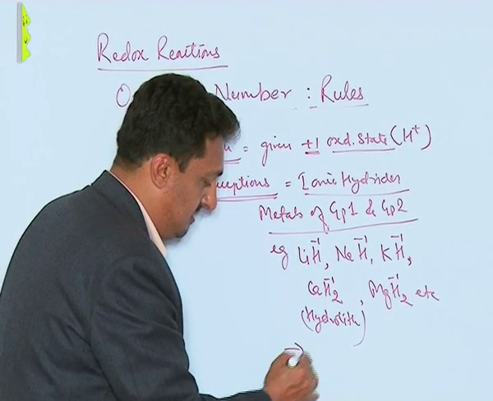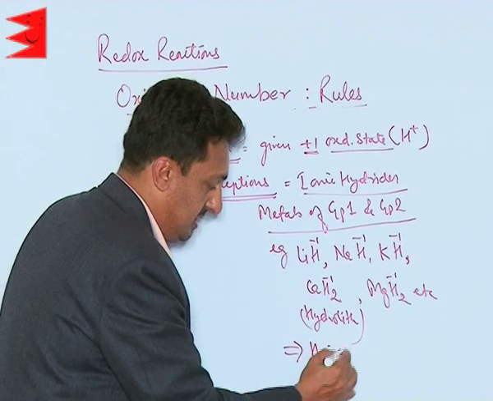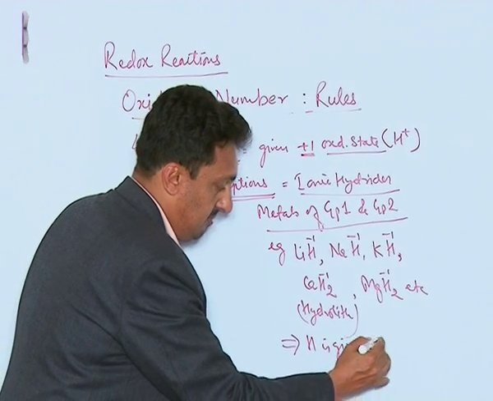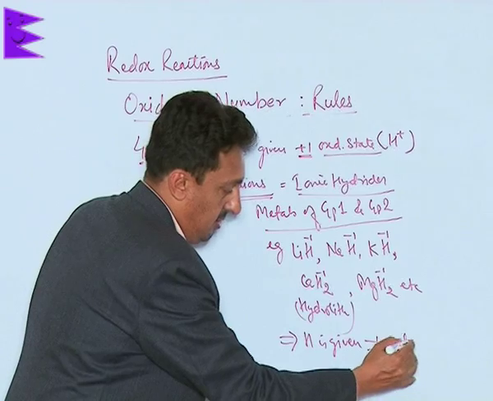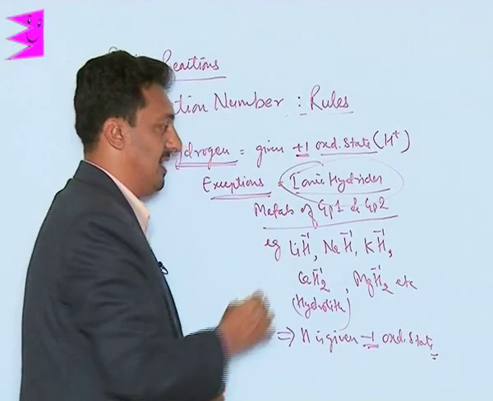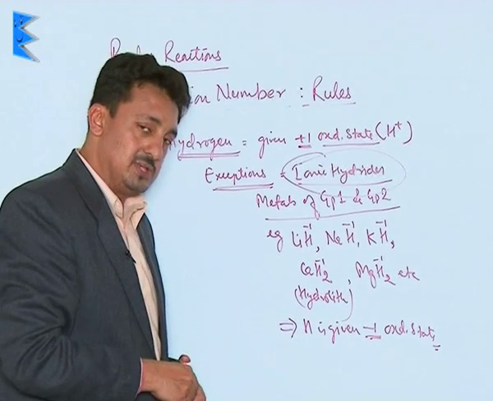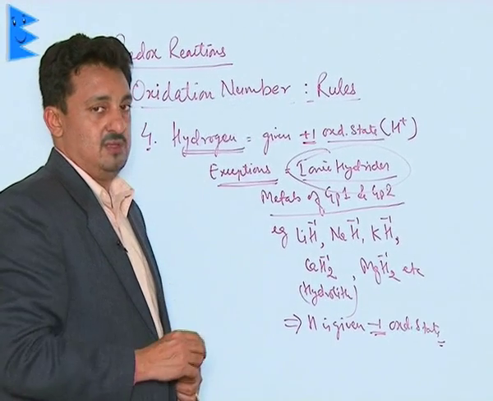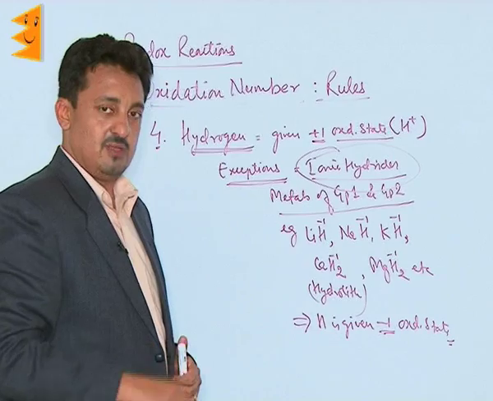So hydrogen is given -1 oxidation state in the case of ionic hydrides, else it is always given +1 oxidation number or state.